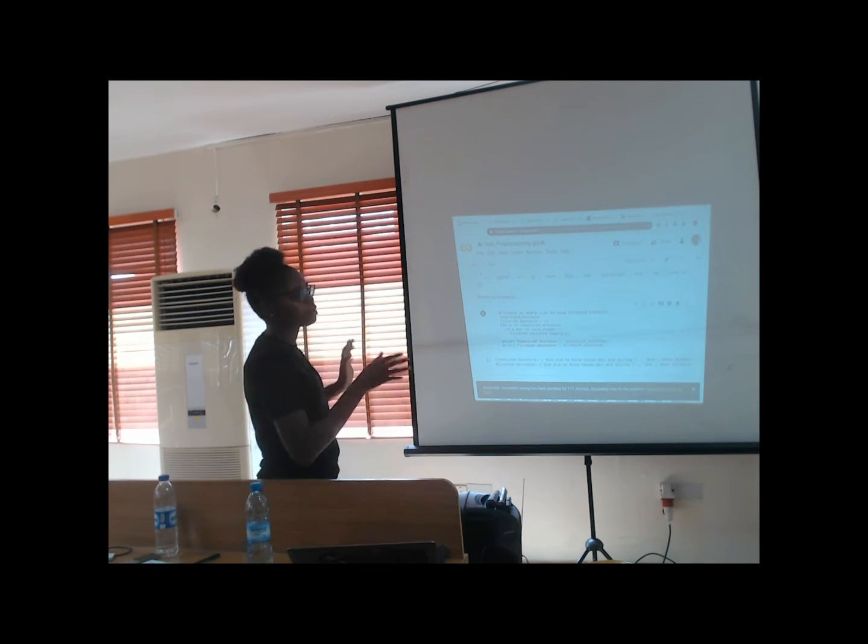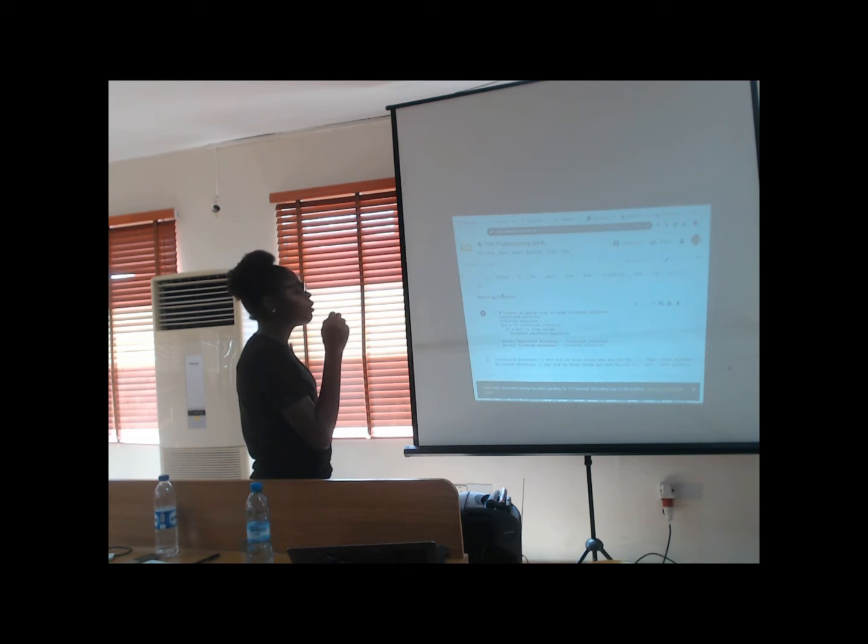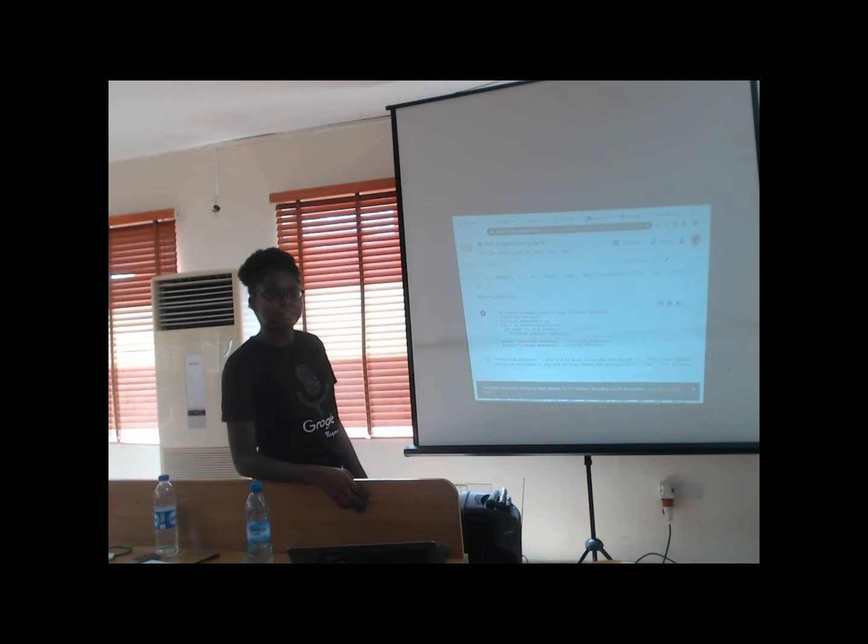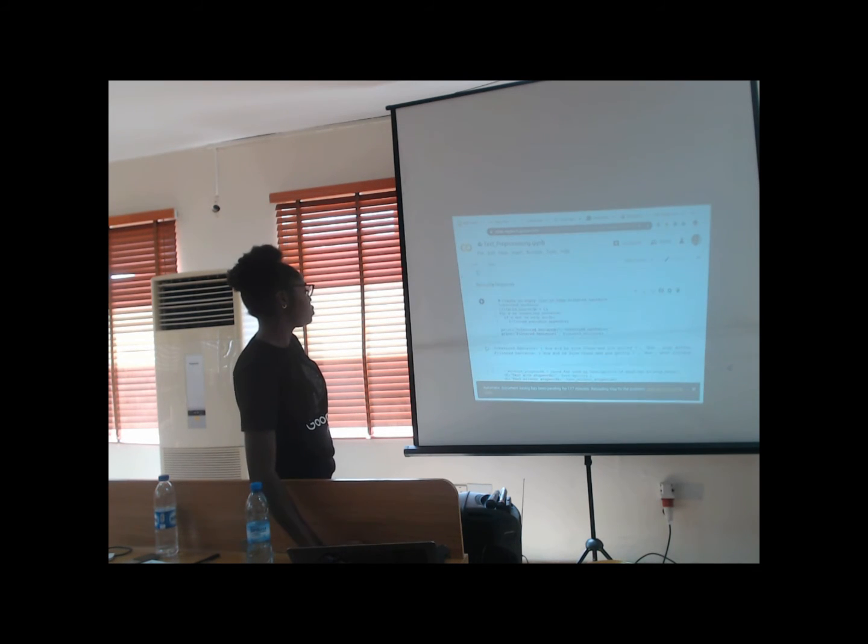So for word in tokenized sentence, if the word is not in stopwords, which we already defined here, then you append it to this list here. Do you understand? Let's print it out.